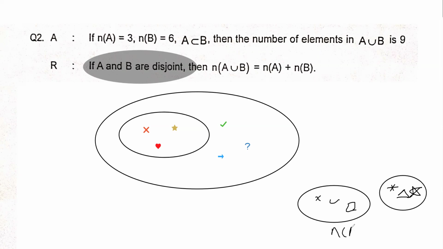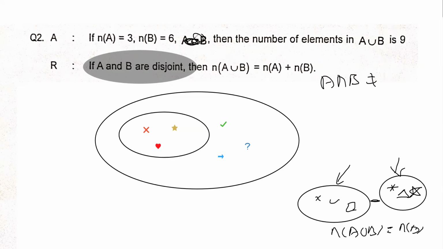Then I can say yes, n of A union B is equal to n of A plus n of B. As you can see, its union will include the elements of this set as well as this set. So in that case, it is n of A plus n of B, provided they are disjoint. But over here, it's not a disjoint set. As you can see, A intersection B is not a null set. In fact, it has 3 elements. That's why we'll say that the assertion is wrong and the reason is correct.